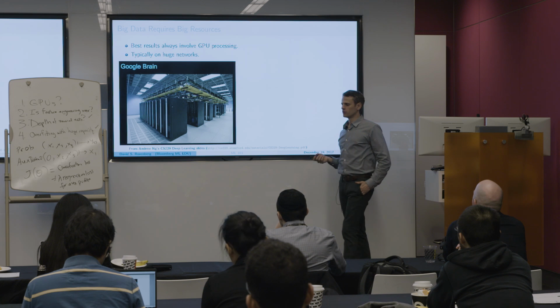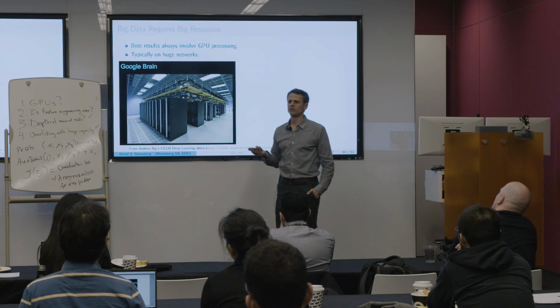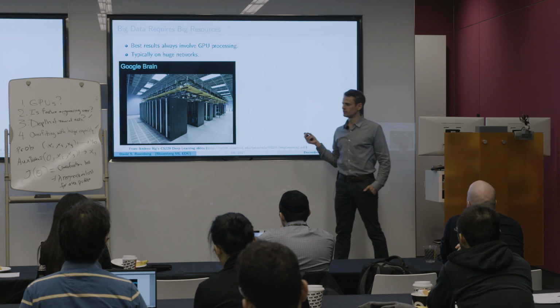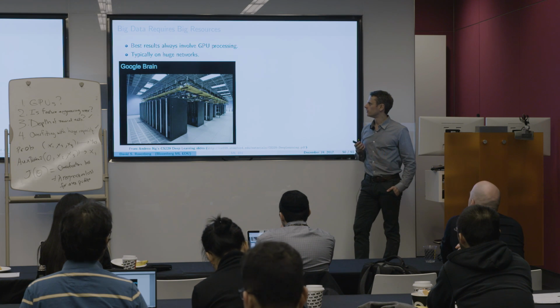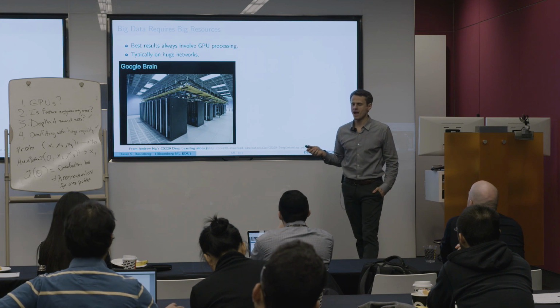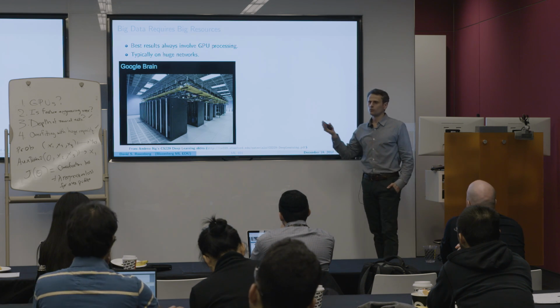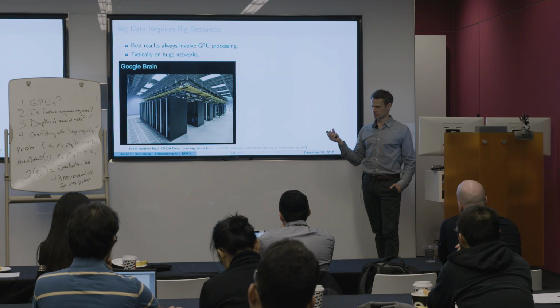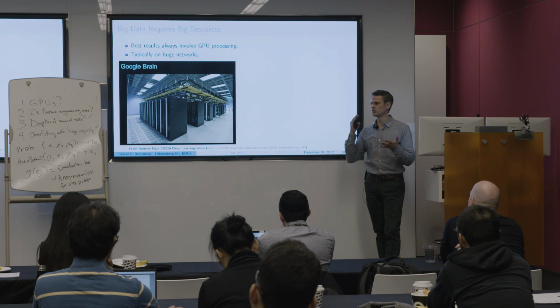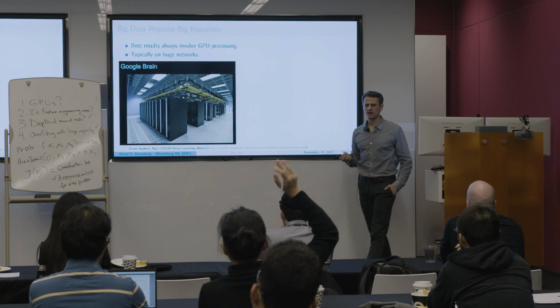On a traditional box of CPUs, like 48 cores, it could run for almost a year to achieve the same level of performance. What are GPUs doing? It's kind of the equivalent of having order 10,000 cores working on your matrix vector multiplications as opposed to 50 or something like that. So it gives you massive parallelization.